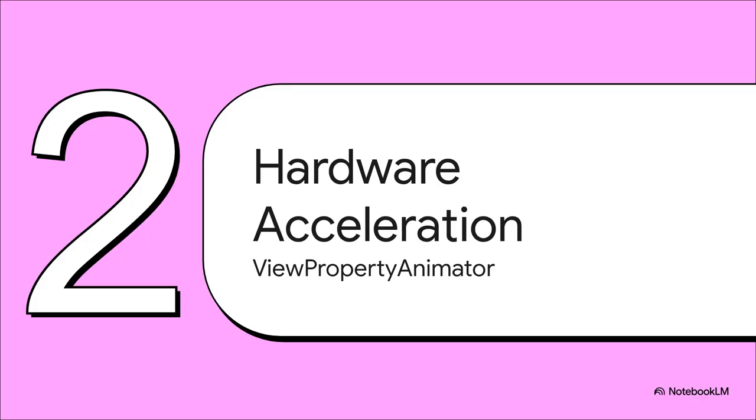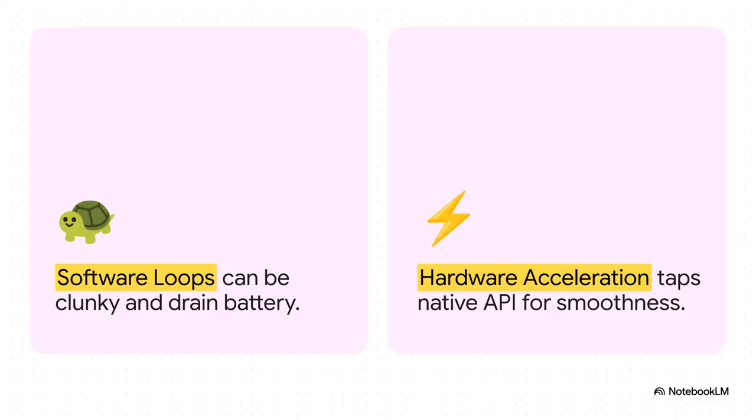Moving right along to Section 2, Hardware-Accelerated B4X Performance. So you might be wondering, how do we actually make this physical simulation run so smoothly without totally draining the device's battery or dropping a bunch of frames? Well, if you dig into the source code for B4XDaisyAnimation, you'll see it doesn't rely on those standard, clunky software-based timer loops to push things around.